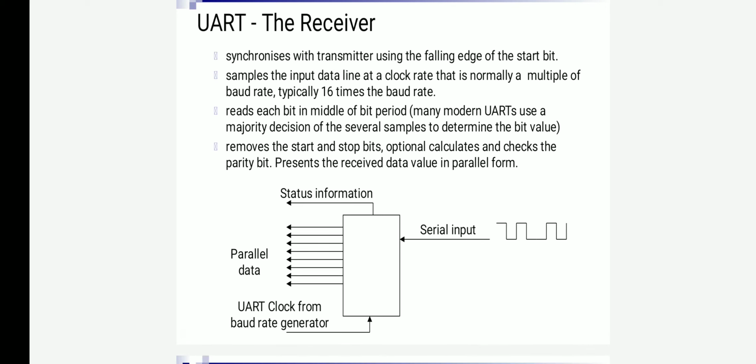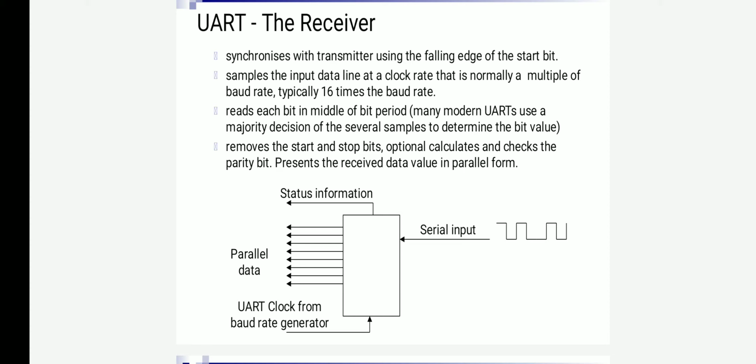Now come to the UART receiver part. The UART receiver synchronizes with the transmitter using the falling edge of the start bit. In the clock pulse, we know that there are two types of synchronization through the clock.